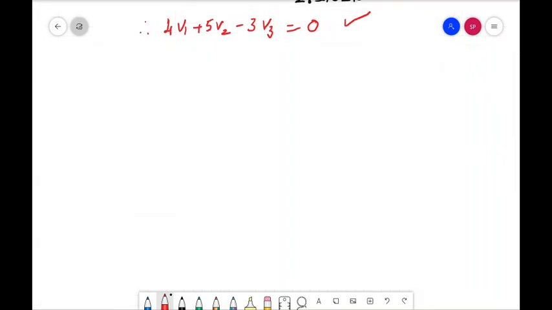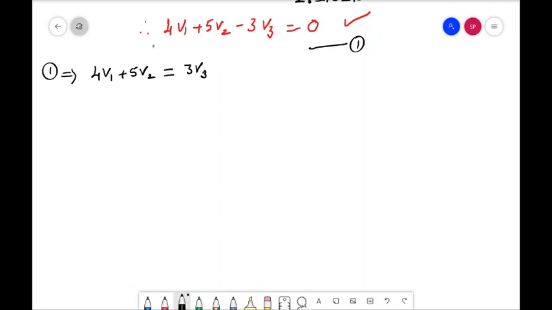If I call this equation 1, then it implies I can write 4v1 plus 5v2 is equal to 3v3.